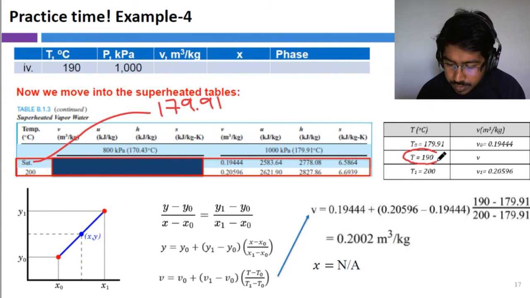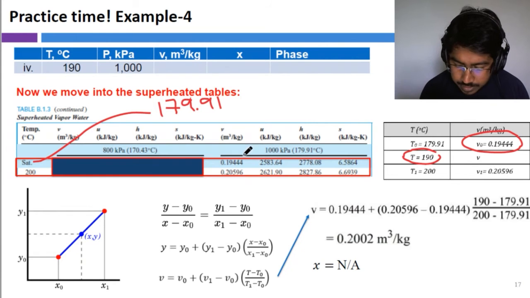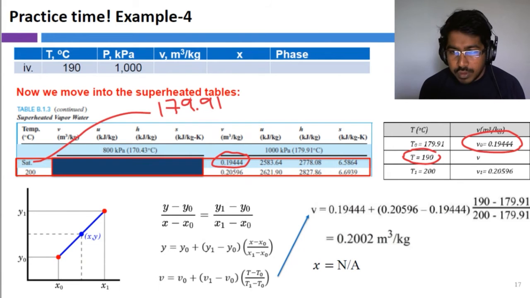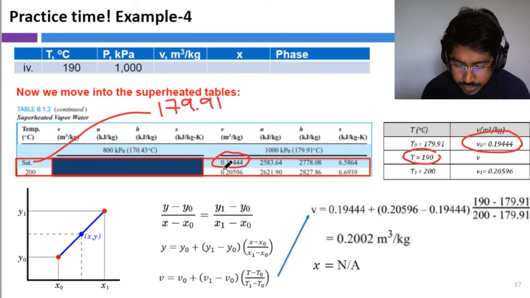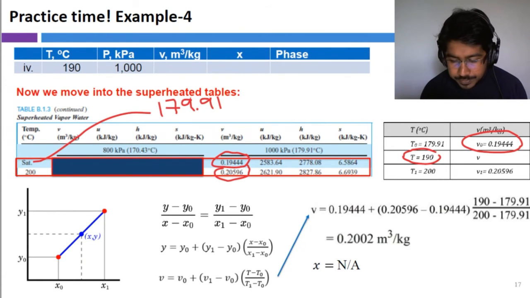We need to find the specific volume at 190. From the table, we can get the specific volume in the saturated conditions at 179, which is 0.19444, right? And then for 200 Celsius, we can do the same and find the specific volume. For now, don't worry about the internal energy and enthalpy. Forget about this for now. We don't need this portion yet.